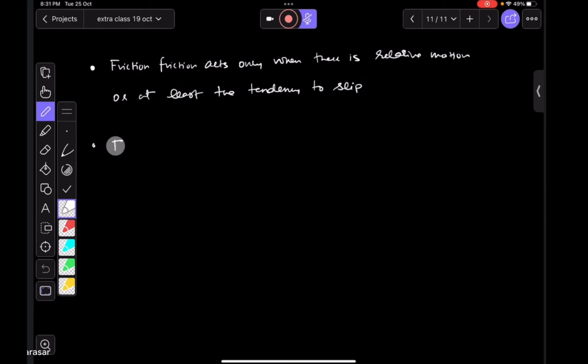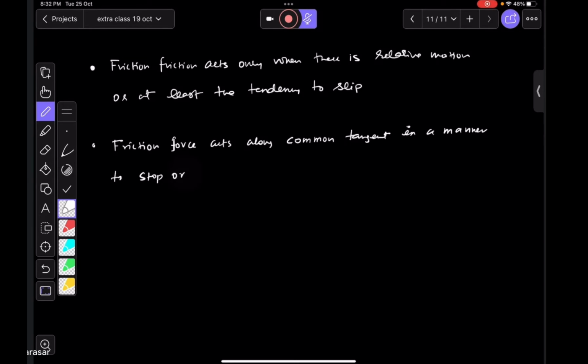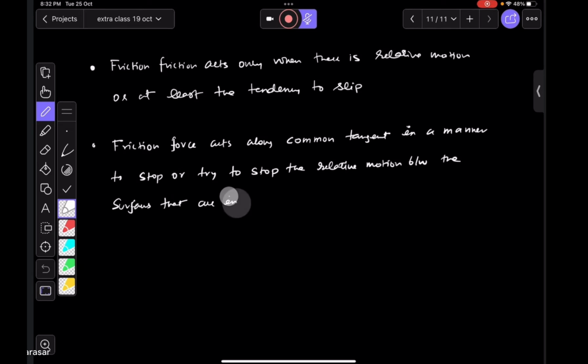Next, friction force acts along the common tangent direction, in a manner to stop or try to stop the relative motion between the surfaces that are in contact.